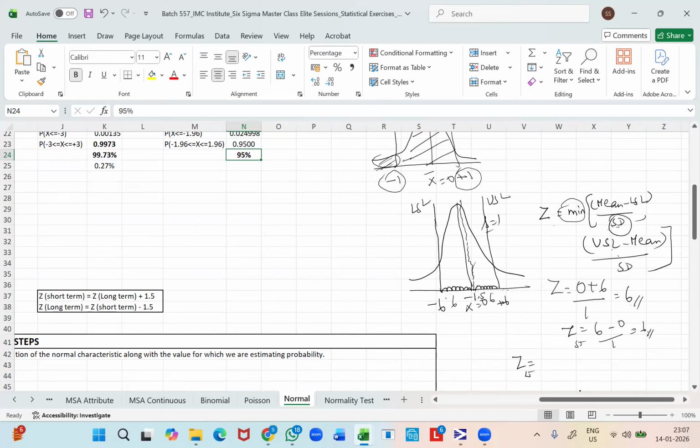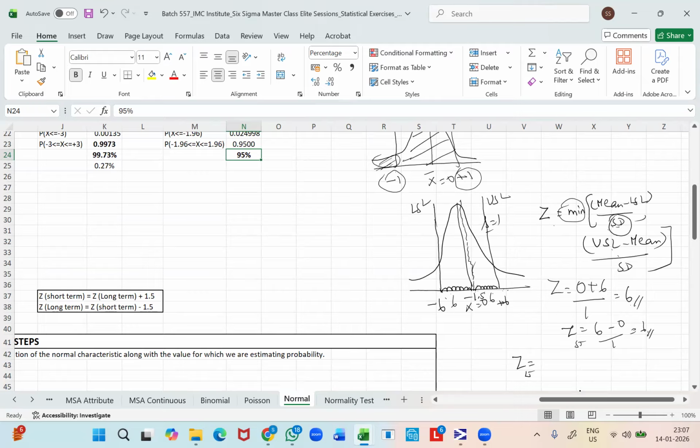Or if the mean is tilting towards the LSL side, we need to apply the LSL side formula. Or if you want to be safe, we can apply the full formula in Excel, that is, equal to MIN of all the values. Excel will identify which one has the minimum value and throw that as the sigma level.